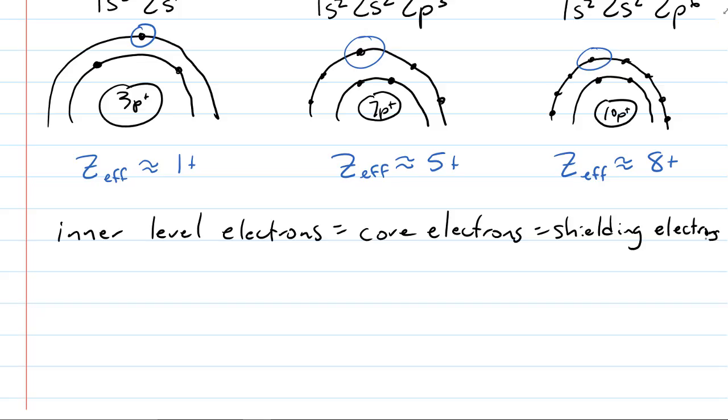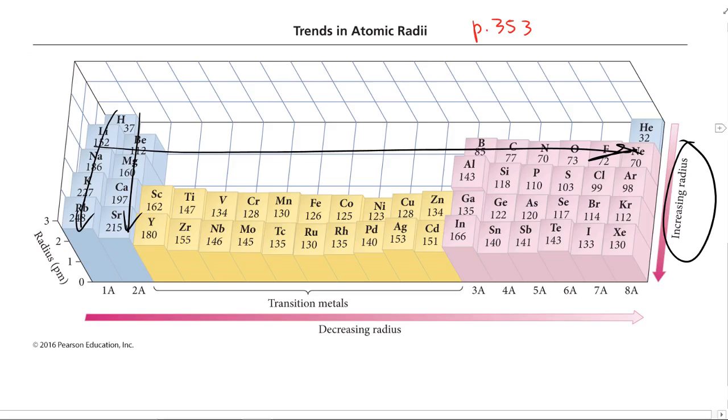So the net effect is that, remember that opposites attract. They tend to pull that cloud in closer to the nucleus. And as a result, the trend that we observe is that the radius decreases as you go across from left to right.